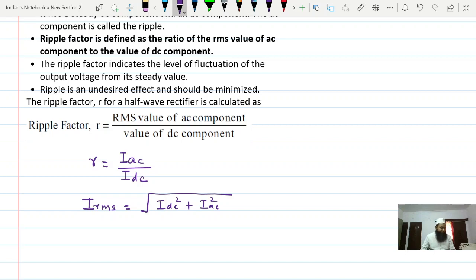We can calculate I AC equal to under root I RMS square minus I DC square.